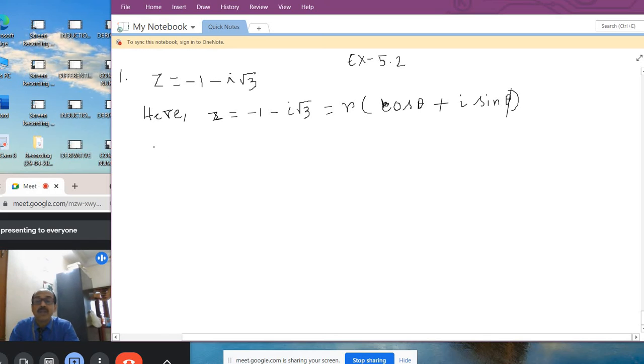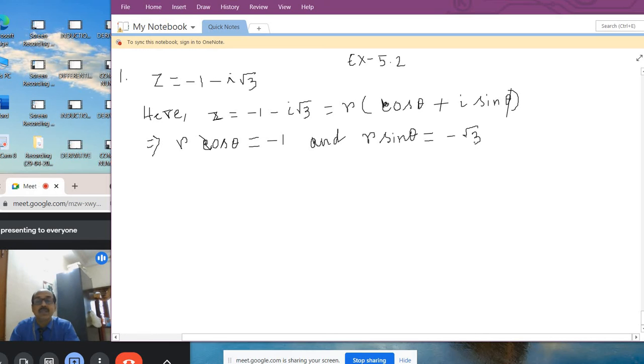Now comparing both sides, r cos theta equal to -1 and r sin theta equal to minus root 3.